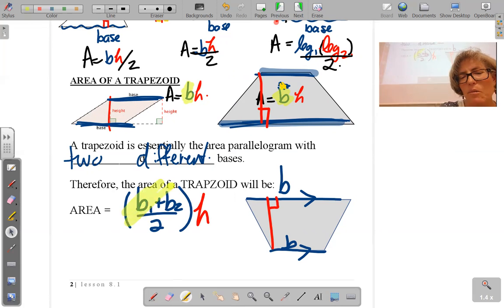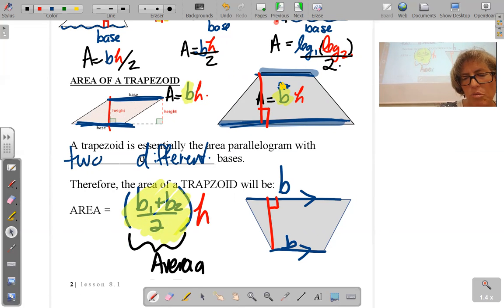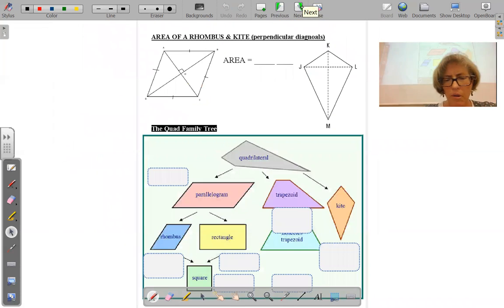So it's kind of base times height, but we have to average the bases because we have 2 different bases. Make sense? Yeah. Excellent. Still good? Making sense? Taking notes? All righty. Next one.